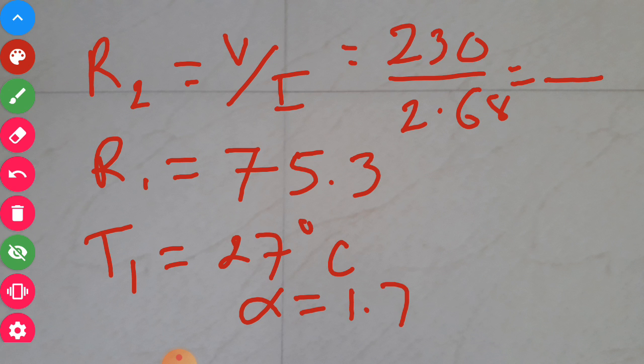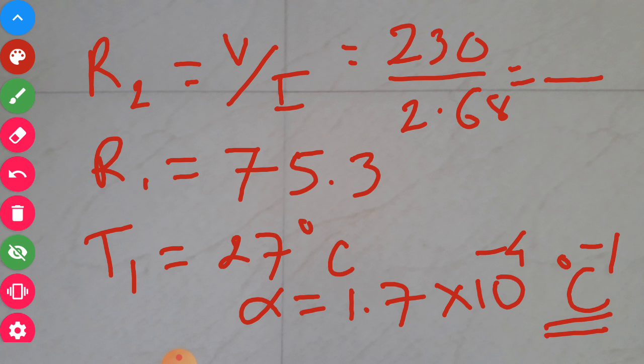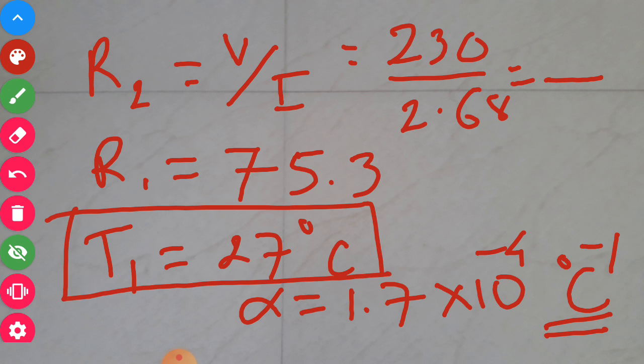And the temperature coefficient is given, alpha is 1.7 into 10 raised to minus 4 per degree Celsius. Now see, when this alpha is given in Celsius, then you keep this temperature in Celsius. If this is given in Kelvin, then we have to convert this temperature into Kelvin.